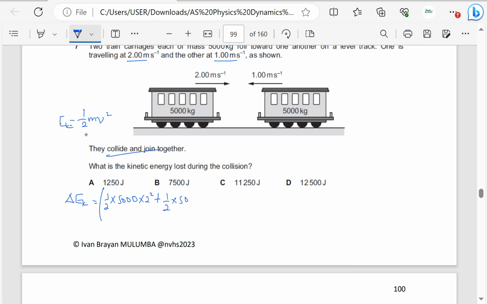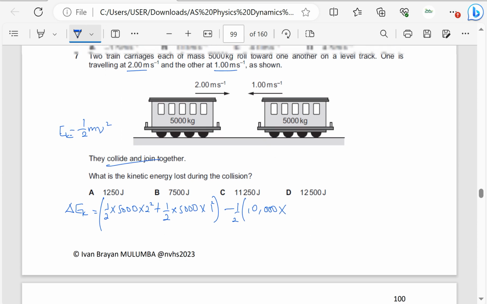Its mass is 5,000 times its speed, 1 squared. That's total kinetic energy before collision minus total kinetic energy after collision. Since they stick together, they move with the same mass, so this will be a half. Total mass is 5,000 plus 5,000, which is 10,000, times the common velocity.